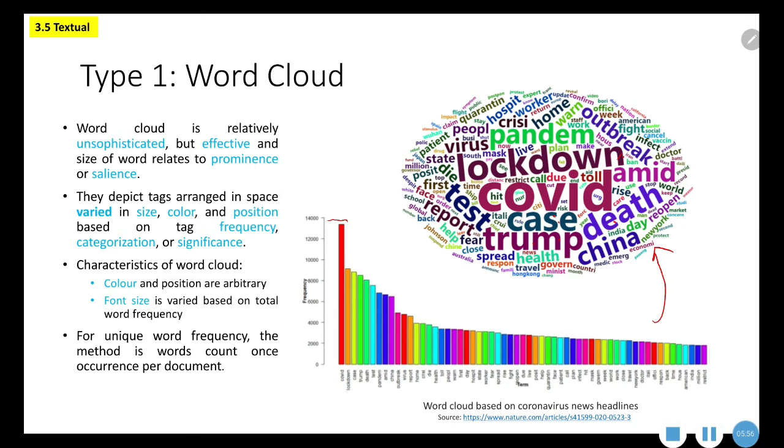If you want to find unique word frequency, the method is to perform word counts for one occurrence per document. This uses a different algorithm. COVID is probably not a unique word frequency, probably it's common, but to find unique word frequency we perform word counts for one word's occurrence per document. That is a different measurement.